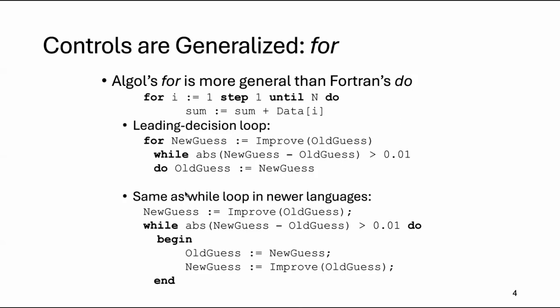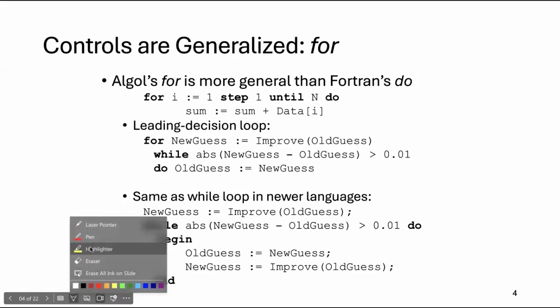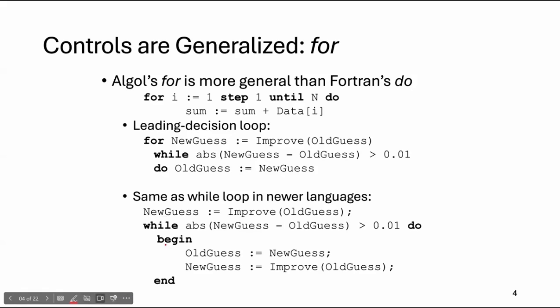So you can see here that you're going to have multiple statements surrounded by begin and end. And this is similar to the behavior of the while loop in the languages that we have right now. So it's much more general than Fortran's one.